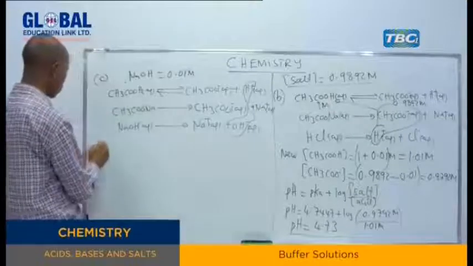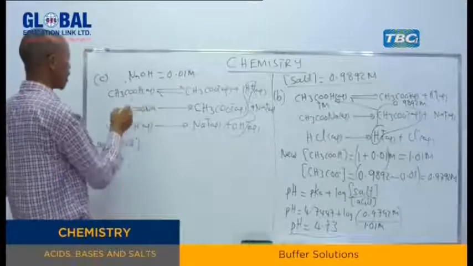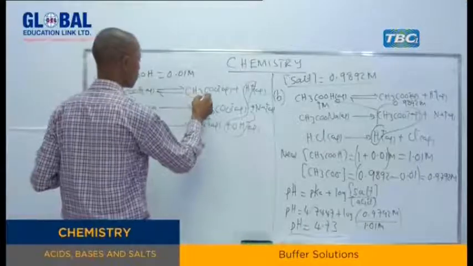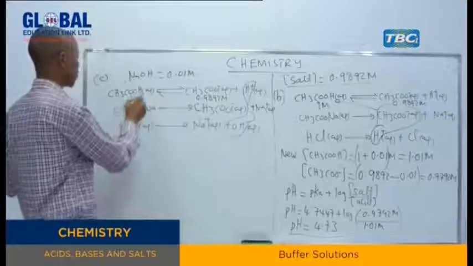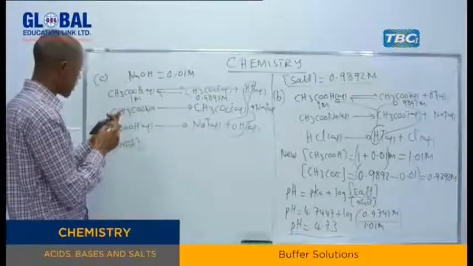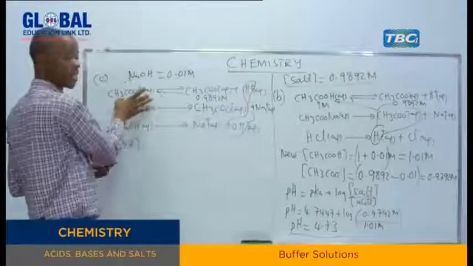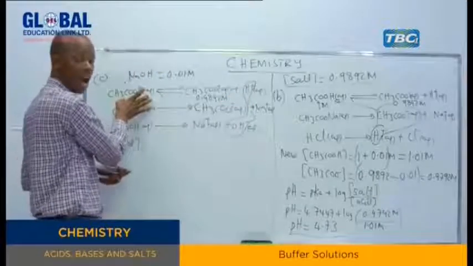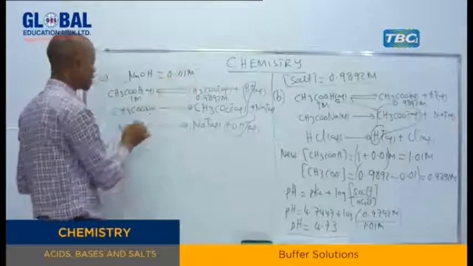Now what will happen? New concentration of the acid. Originally we had 1. For the salt, 0.9892 molar originally. Now because the acetic acid will dissociate to compensate for these hydrogen ions, that means this will decrease by the factor of the base which is added.